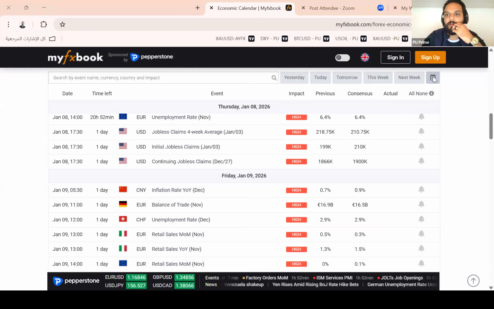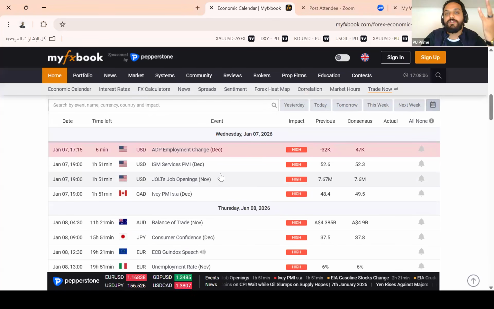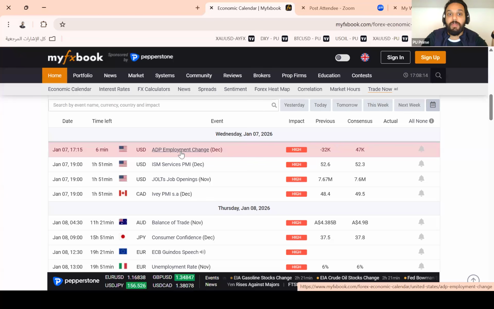For example, here, what you need to care about for gold is understanding what's happening with the US dollar. So here is the employment change. Employment is one key indicator of the economy, right?